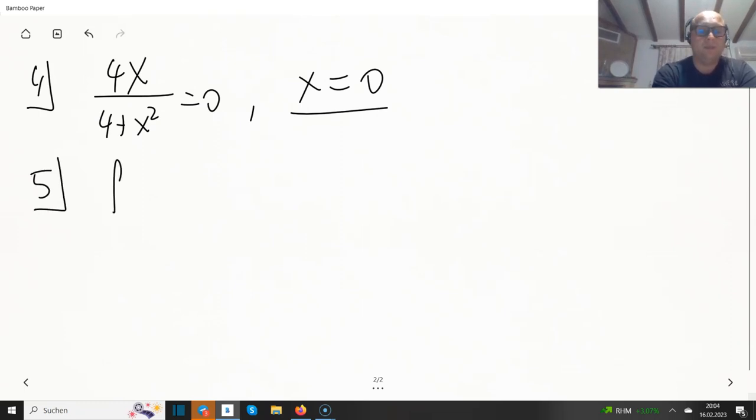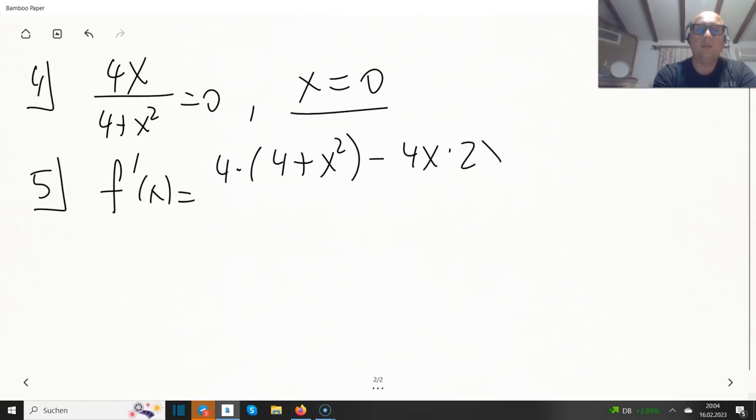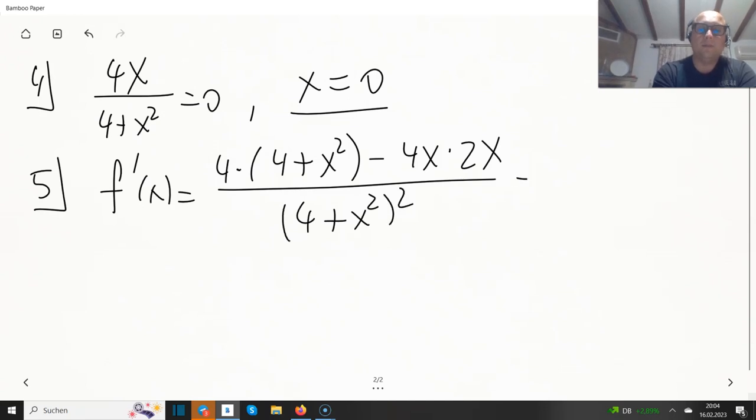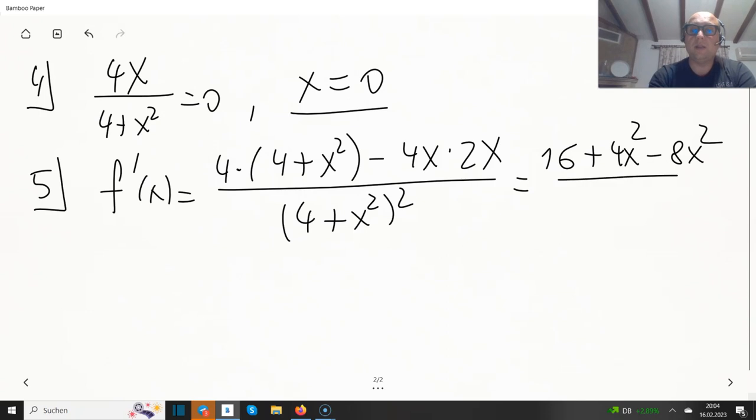Extreme values. First derivative. We got 4 times 4 plus x squared minus 4x times 2x divided over 4 plus x squared, squared. Can I simplify something? Let's see. It's going to be 16 plus 4x squared minus 8x squared divided over 4 plus x squared, squared.